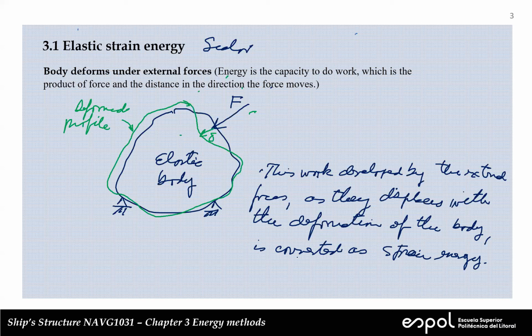Well, that's one. We're going to use another one. I think we don't need this S here. There's an error here. This S shouldn't be here because this is plural. That's the general idea. So what we need to do is to be able to evaluate two terms, work and strain energy. So let's start by evaluating strain energy.